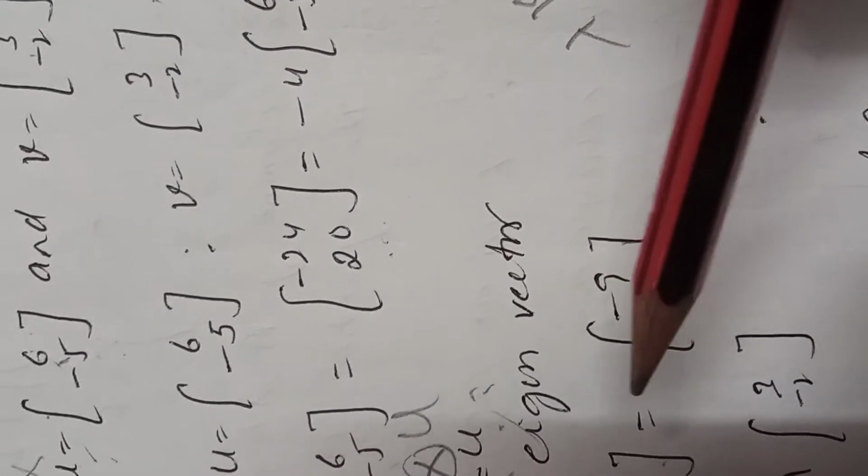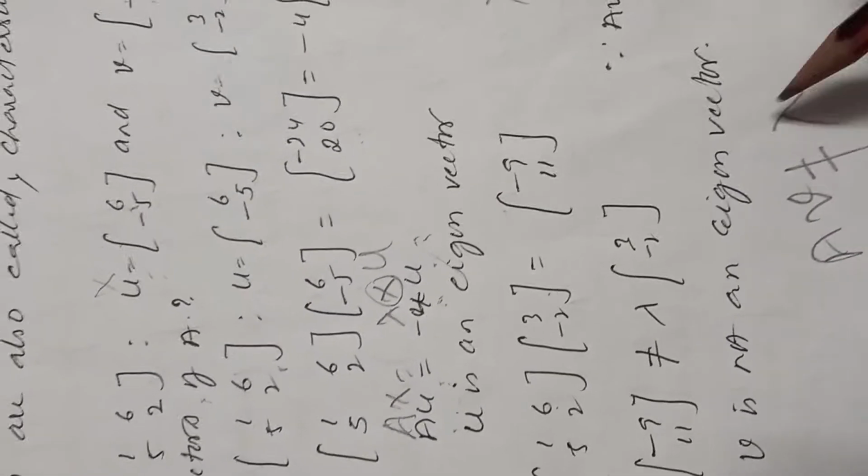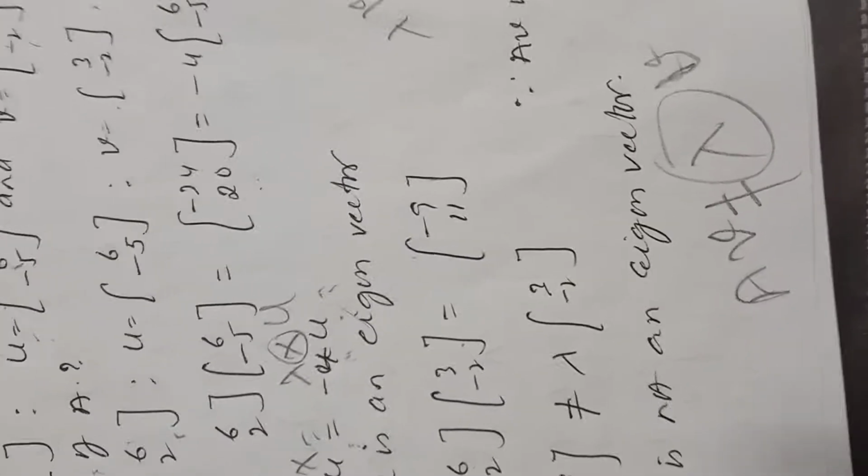It is impossible to express this as some scalar into V. This means (-9, 11) cannot be expressed in terms of some scalar into V. That means A into V is not equal to lambda into V. Therefore, V is not an eigenvector of A. Your conclusion is that AV is not a multiple of V, meaning some scalar multiple of V. Therefore, V is not an eigenvector.